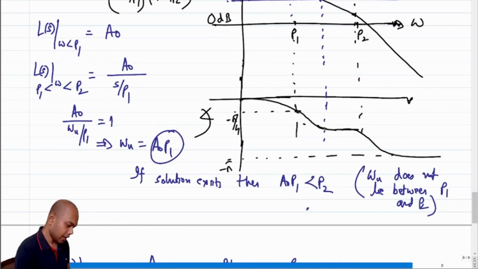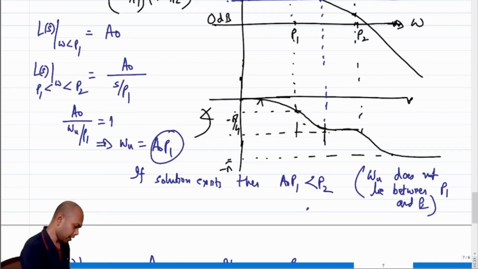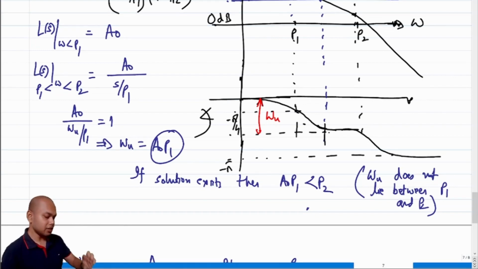So maybe that is somewhere here. So we get this phase. Let me use a different color. So this is the angle at omega U. So how much margin do I have?